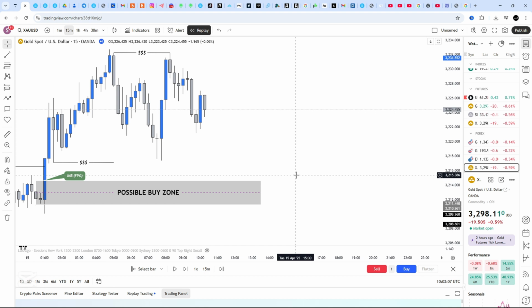Anytime these bigger institutions come and sweep that liquidity, that's what we call it, and sometimes they're going to come and take out your stop losses. Let's say maybe you entered earlier in the market, or you took an early entry. That's what is going to happen. And let's say maybe you entered in a wrong zone without seeing that there is liquidity.